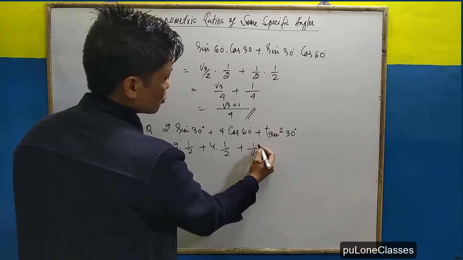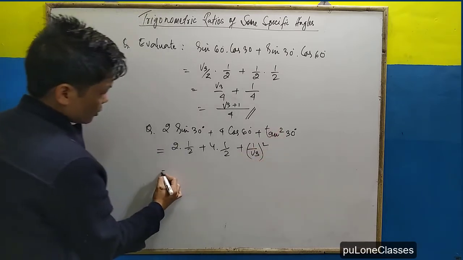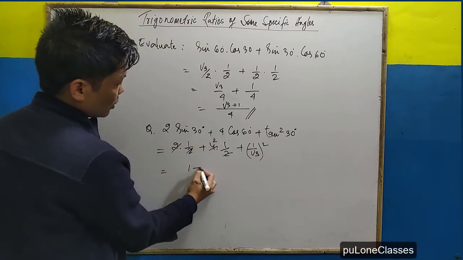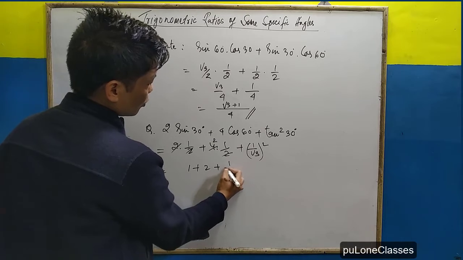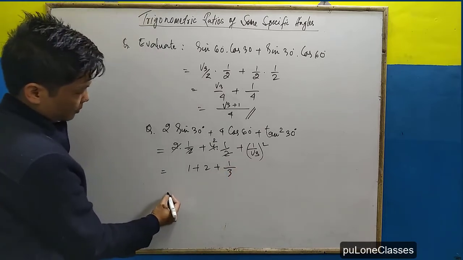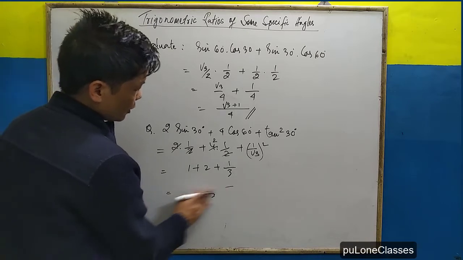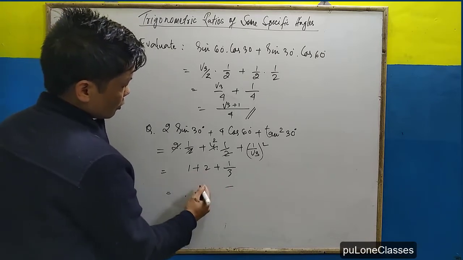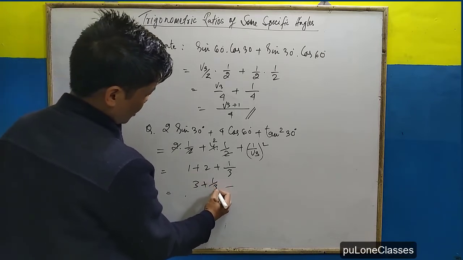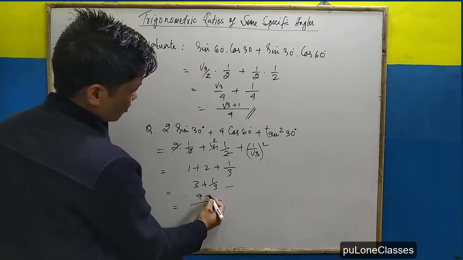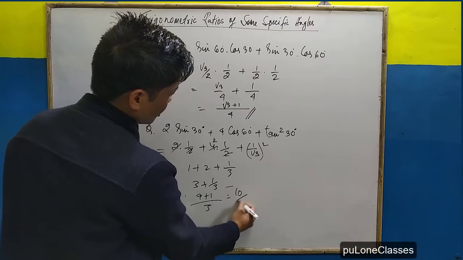But we have to take a square. So 2 cancels, 2 times 2 is 4. So 1 plus 2 is 3, plus 1 square is 1, root 3 square is 3. So if I take LCM, I'll get 3. 3 times 3 is 9 plus 1, which is 10 by 3.